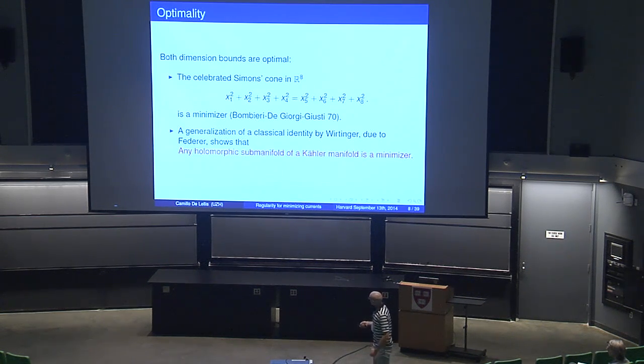Of course, holomorphic submanifolds or even algebraic subvarieties are the most regular objects that we can think about. But from a geometric or topological point of view, they have singularities, meaning they have points where they cannot be written as the graph of a function. And they typically have real codimension 2, these points.